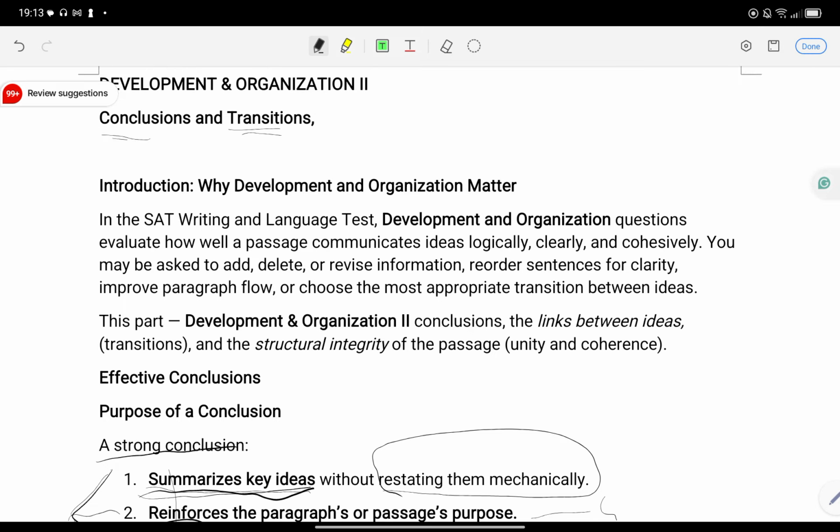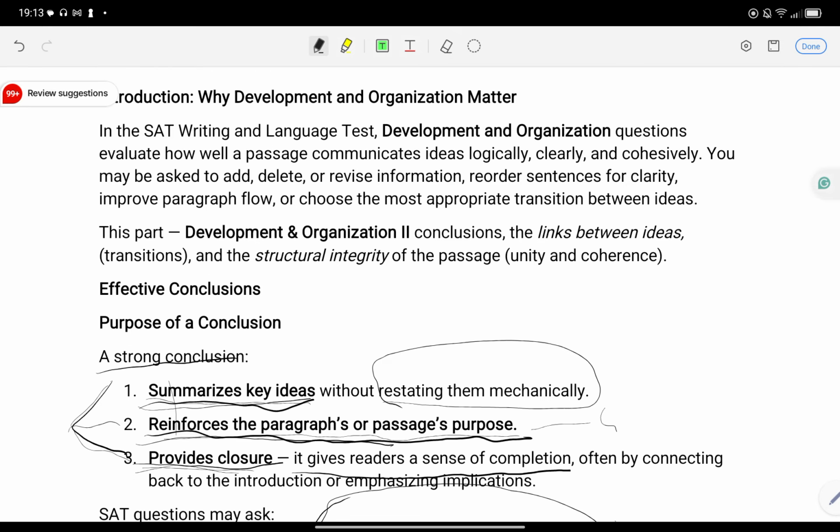So before we take a look at sample questions, let's take a look at what a good conclusion should entail and the different types of transitions. But let's begin with conclusions.